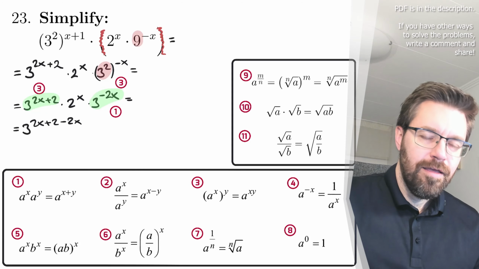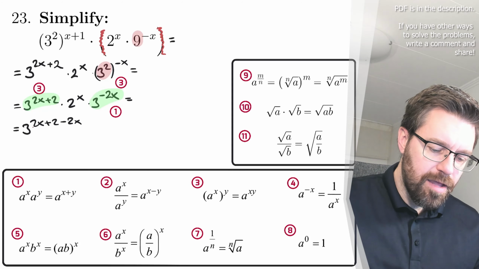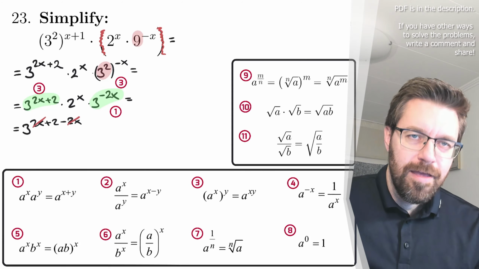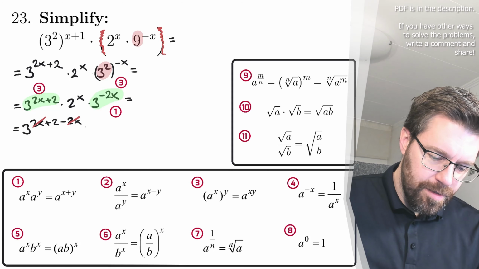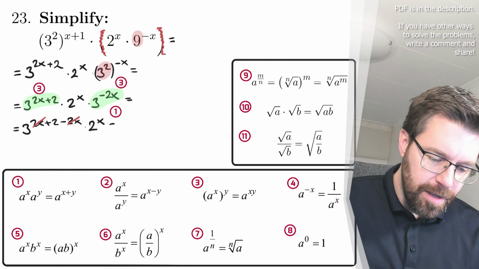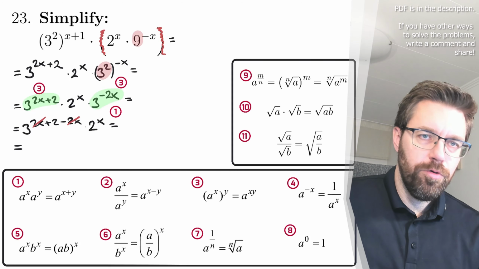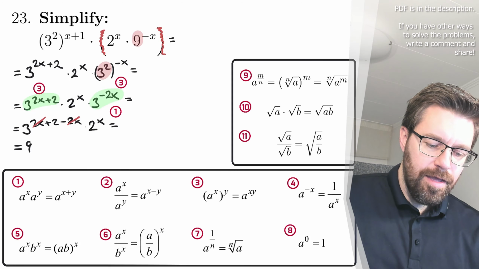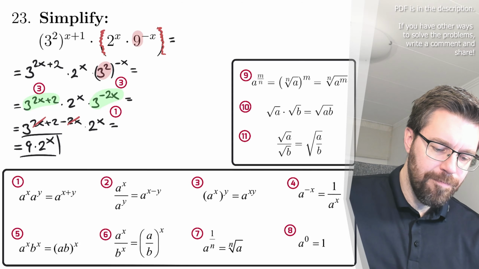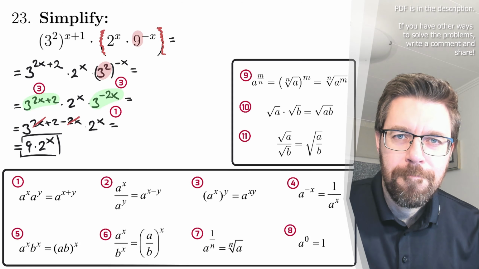And then the 2x and minus 2x in the exponent cancel each other out. And then times 2 raised by x. And then we have it, I think. 3 raised by 2 equals 9. And then we have times 2 raised by x. And this must be the answer.